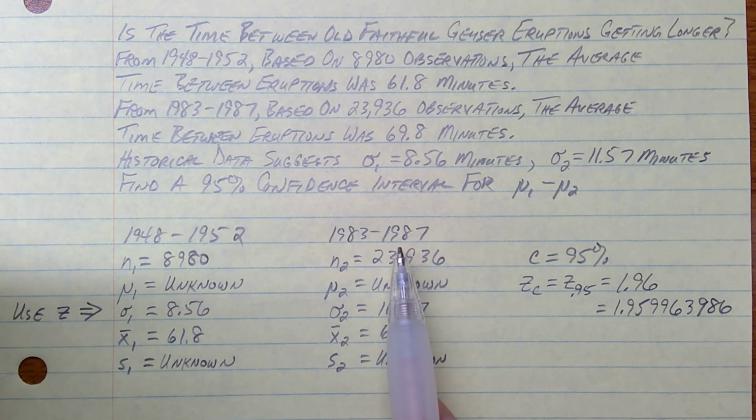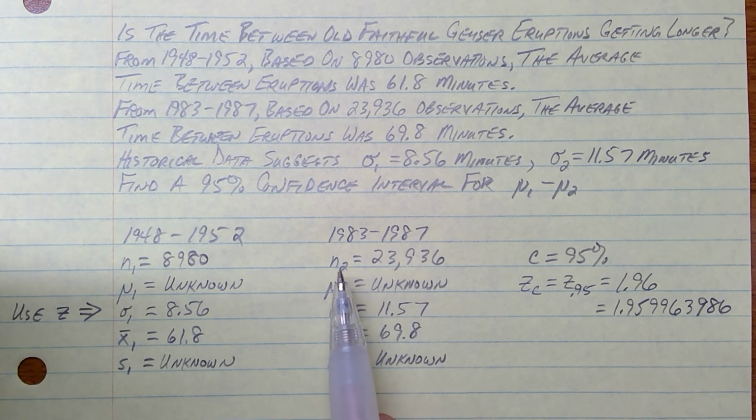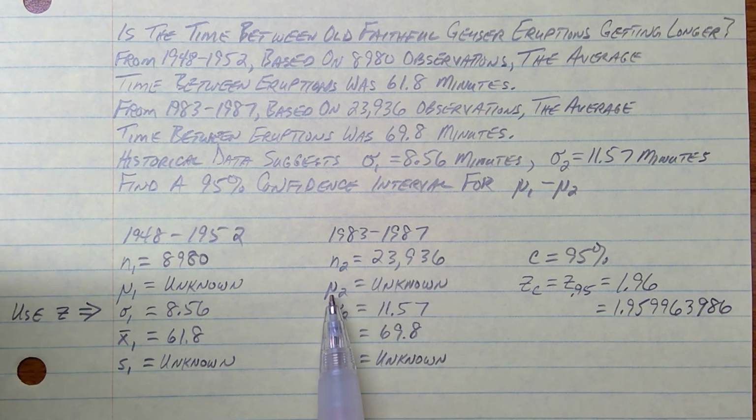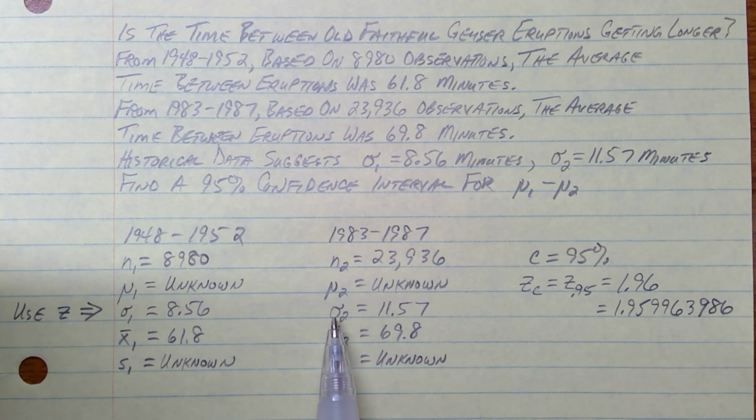Same thing for group 2 over here, the more recent time period. In group 2, we observed 23,936 observations. The population average interval between eruptions is still unknown. That's what we're trying to guess at with the formula. Population standard deviation for group 2, they told us was 11.57 minutes.